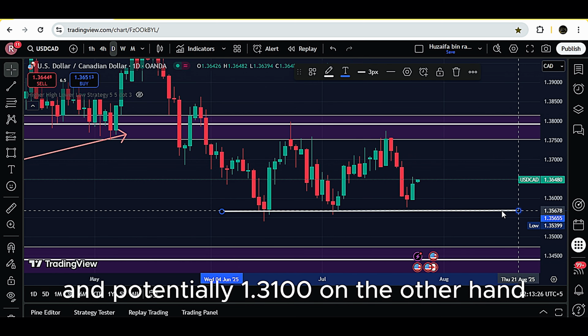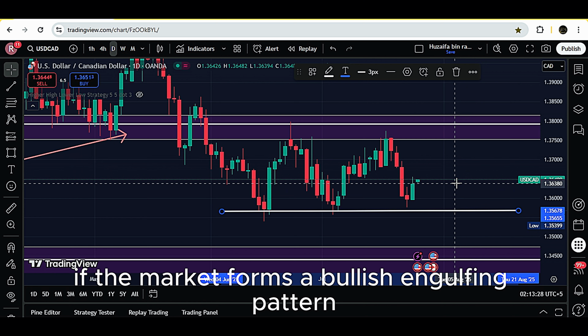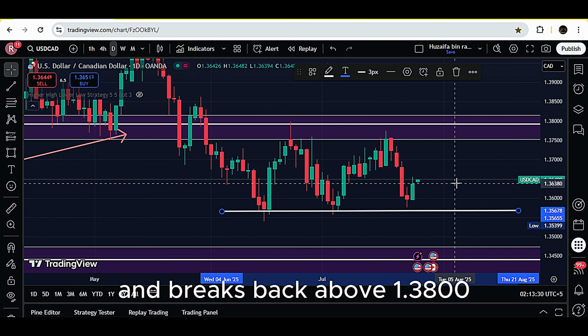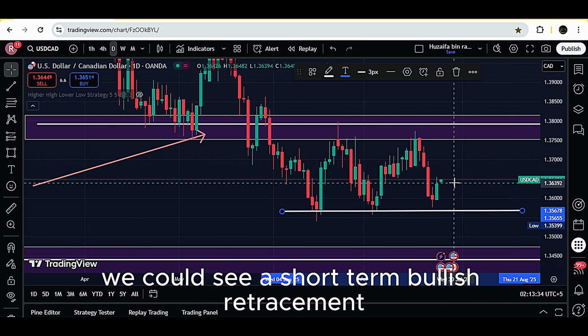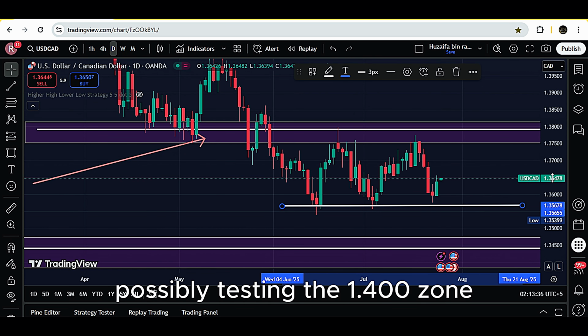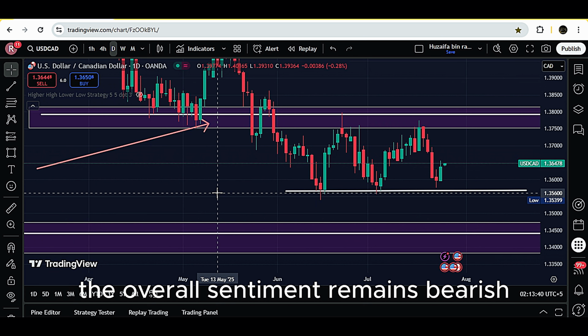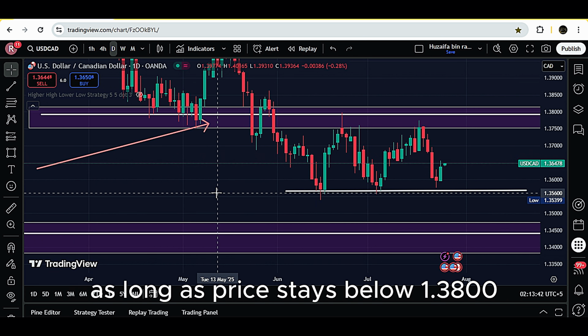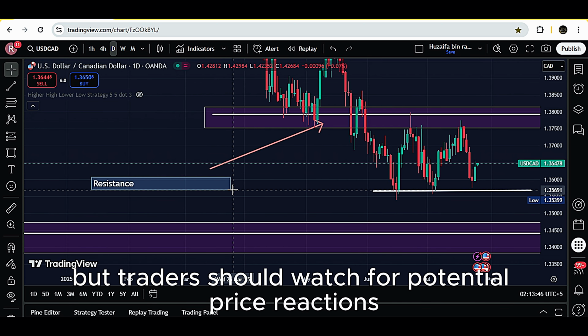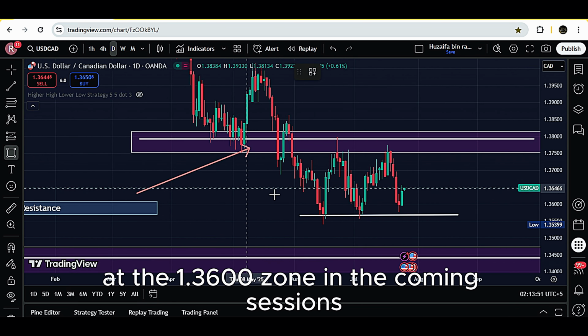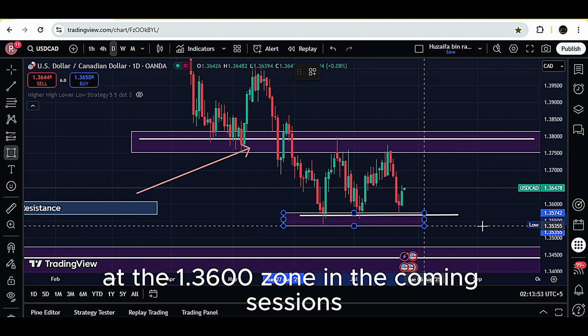On the other hand, if the market forms a bullish engulfing pattern and breaks back above 1.3800, we could see a short-term bullish retracement, possibly testing the 1.400 zone. The overall sentiment remains bearish as long as price stays below 1.3800, but traders should watch for potential price reactions at the 1.3600 zone in the coming sessions.